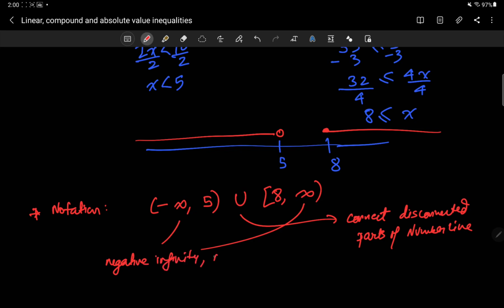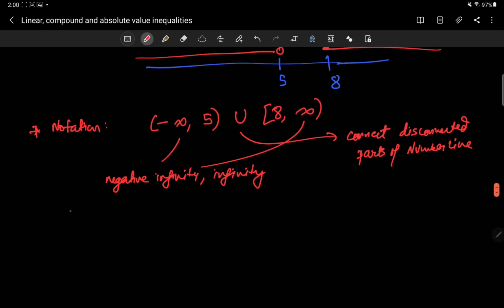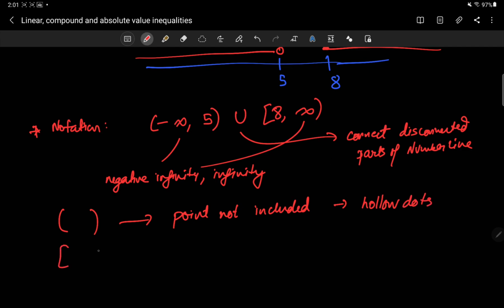And we use these kind of brackets to indicate that the point is not included, which is the same as hollow dots. And we use square brackets to indicate that the point is included, which is the same as saying solid dots.